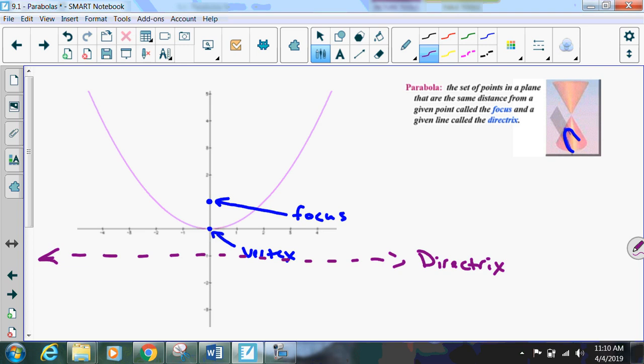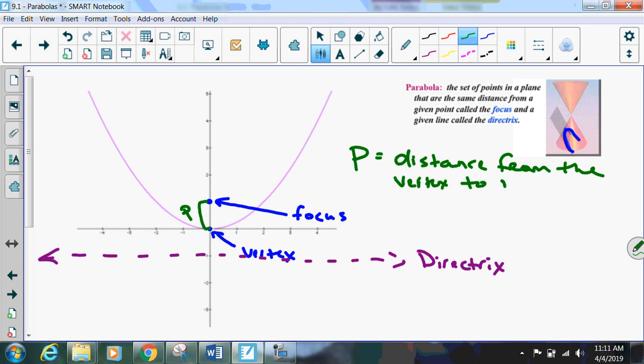And we'll notice some things about the focus and the directrix. Mainly, the first thing we want to note is that the distance from the vertex to the focus point is P. So P represents the distance from the vertex to the focus.